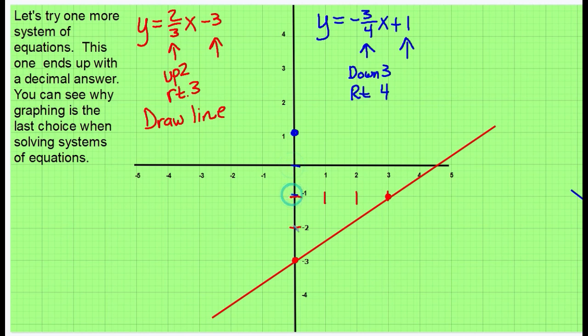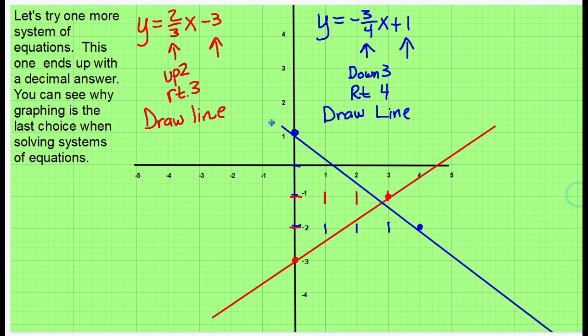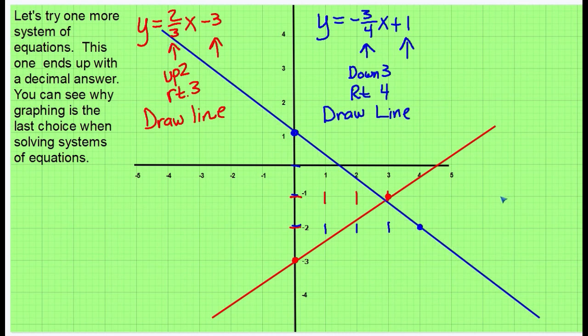One, 2, 3, and then over 4. 1, 2, 3, 4. And let's draw our blue dot. Now we're going to draw the line. And as you can see, they don't meet on a nice intersection.